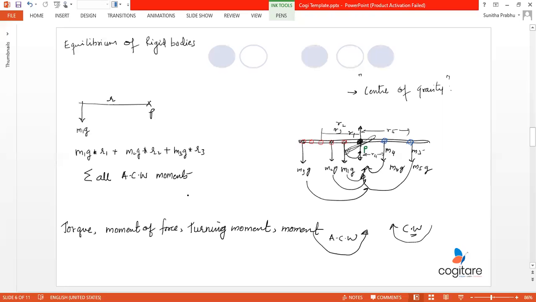All these are synonyms. So when you're saying anti-clockwise moments, it means the sum of all anti-clockwise torques.